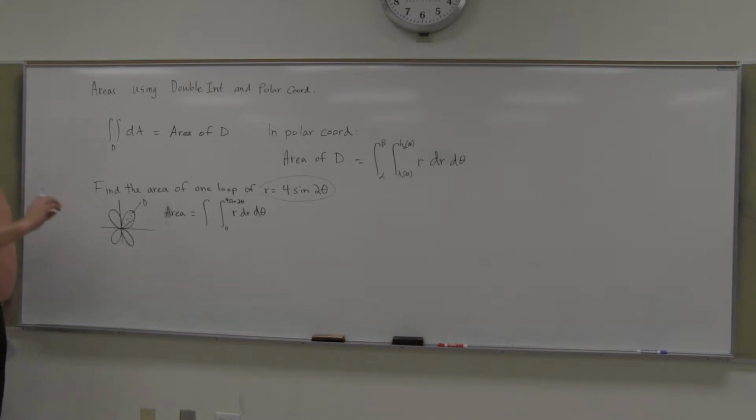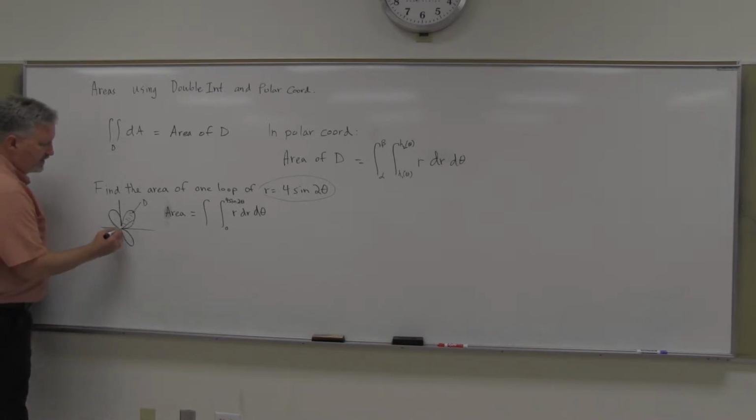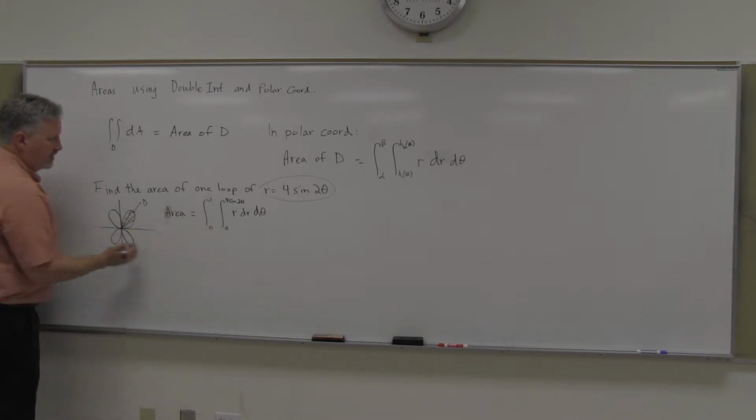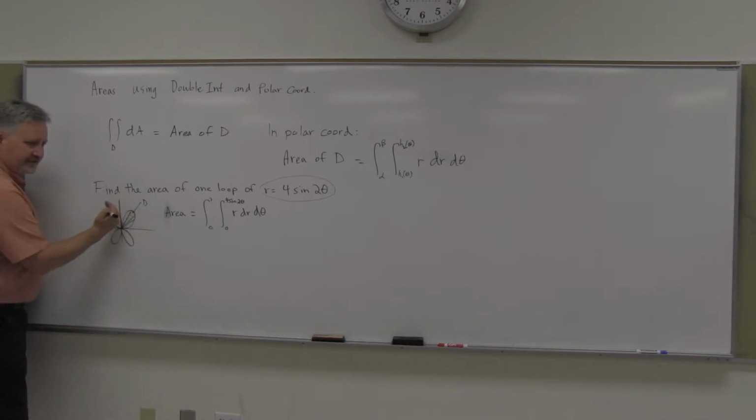And then the theta, now I'm going to have to think about it a little bit. We could probably guess, but sometimes you need to verify that your guess is correct. Theta is the angle that we sweep out here. Obviously we start at theta equals 0. The question is how much of an angle do we have to sweep out to get back?